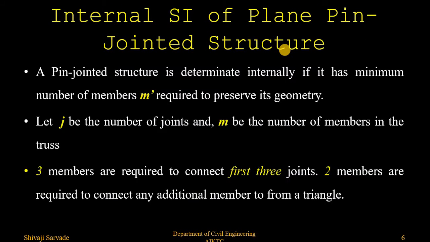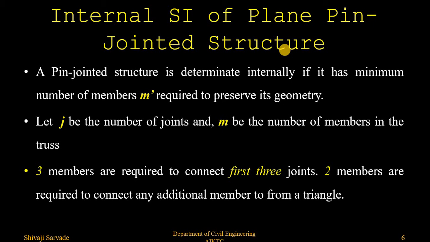So further, if I go into detail, let's analyze a 2D plane pin jointed structure. 2D is nothing but a plane frame or a 2D structure which is pin jointed. Now let's say M' are the members which are required to preserve the geometry. Now you all understand the triangle is the most stable geometry.